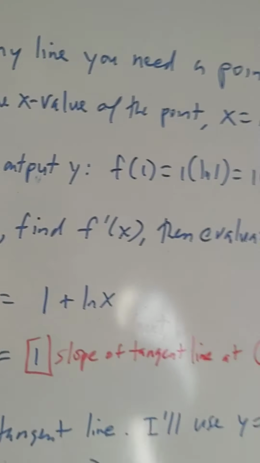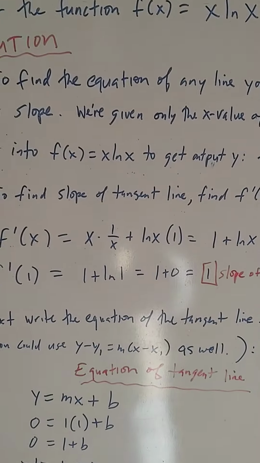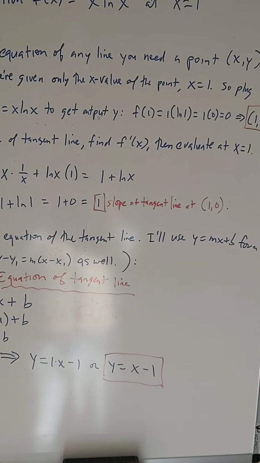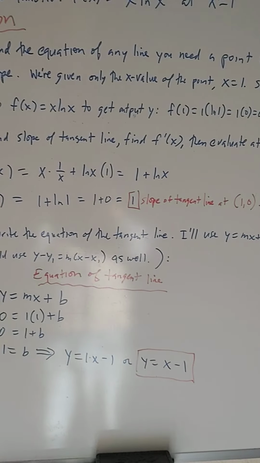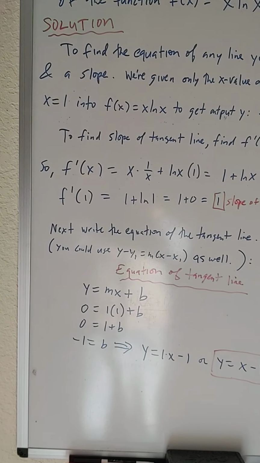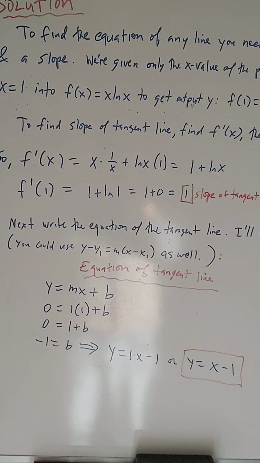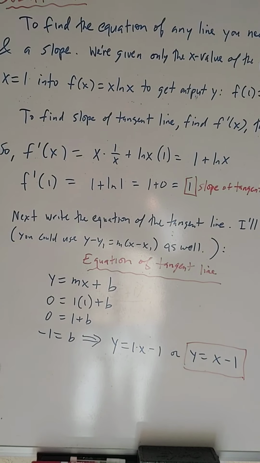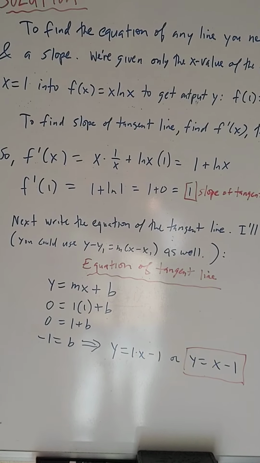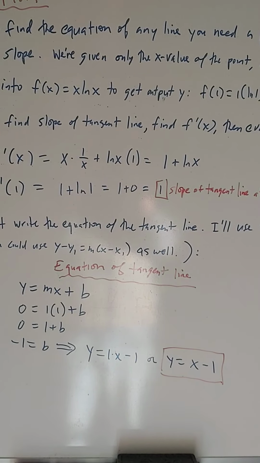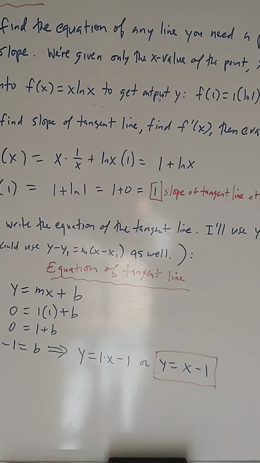So let me continue where we are here. In our solution, we're given only the x value of the point, x equals 1. So plug x equals 1 into the original function because we want to know what that point x, y on the graph of f is. When you plug in 1, you're going to output your y once you simplify.